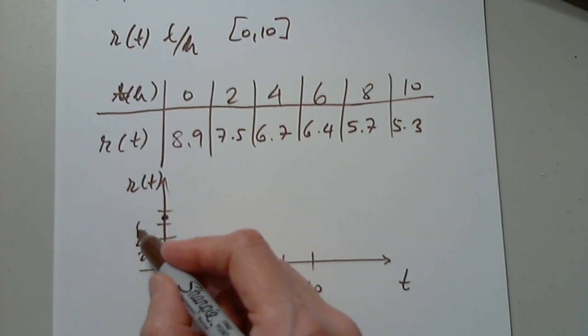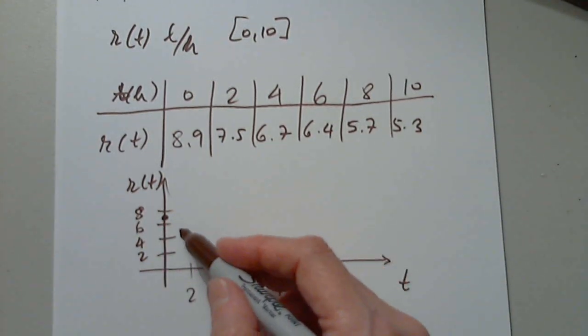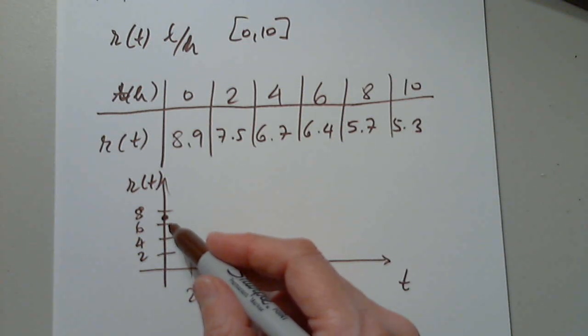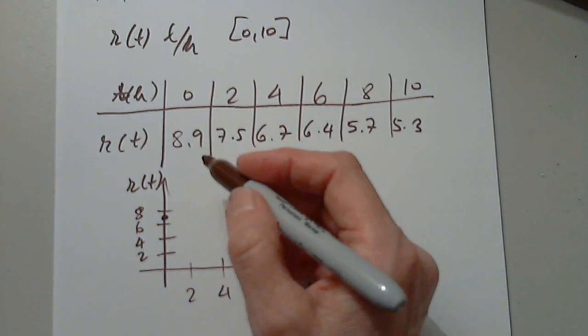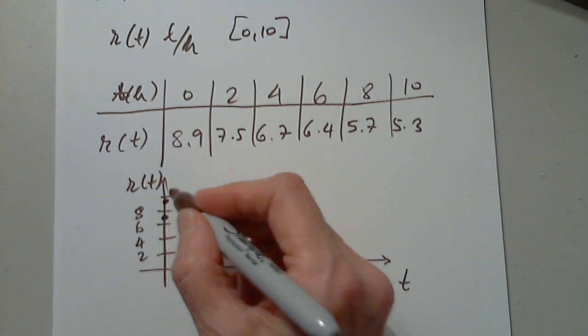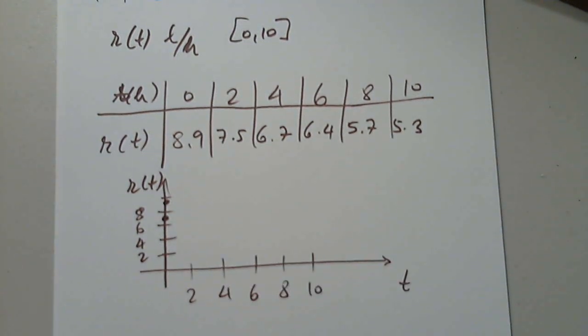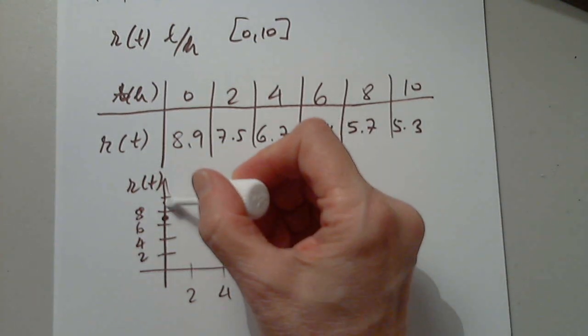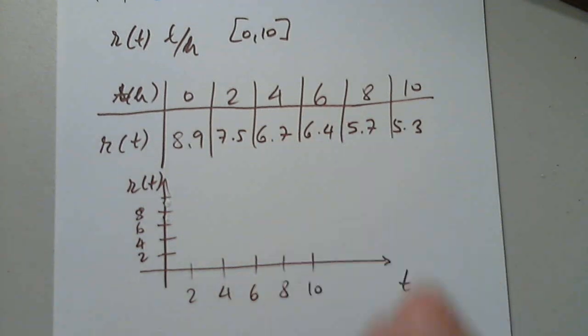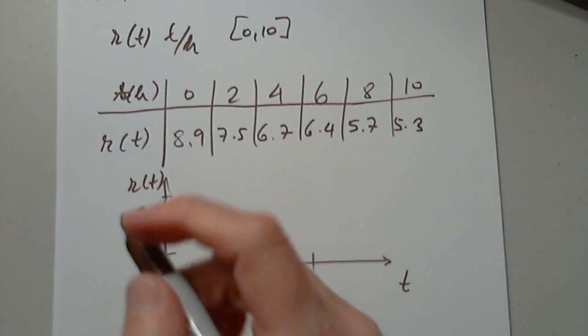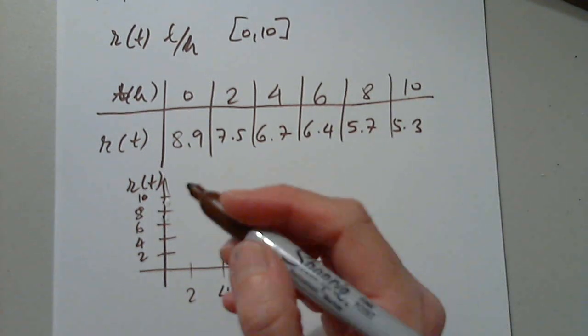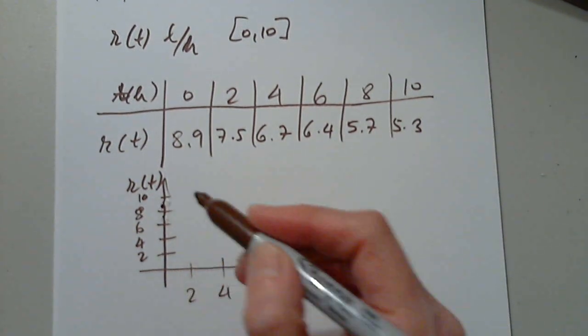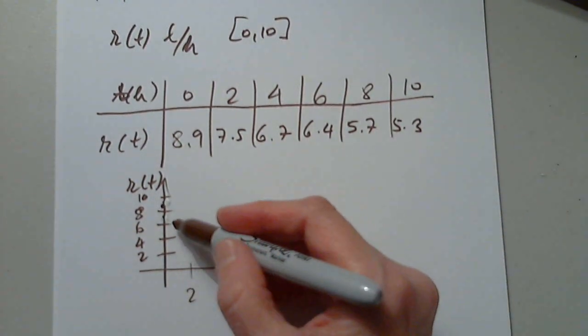So 2, 4, 6, 8. Oh, 8.9, sorry, right here. So it's close to 9. And this is 10. So somewhere here. Then at 2 is 7.5.